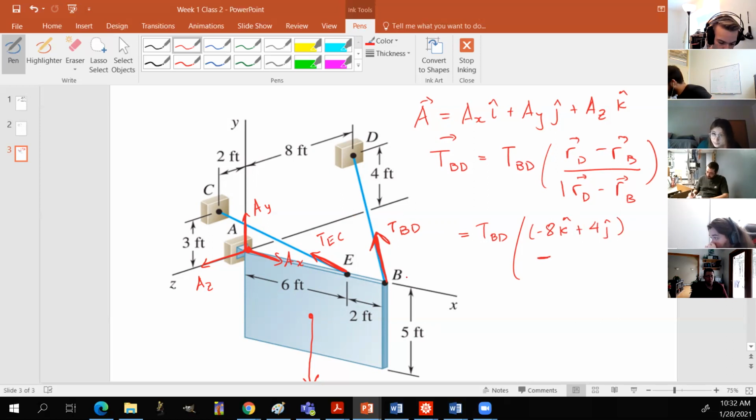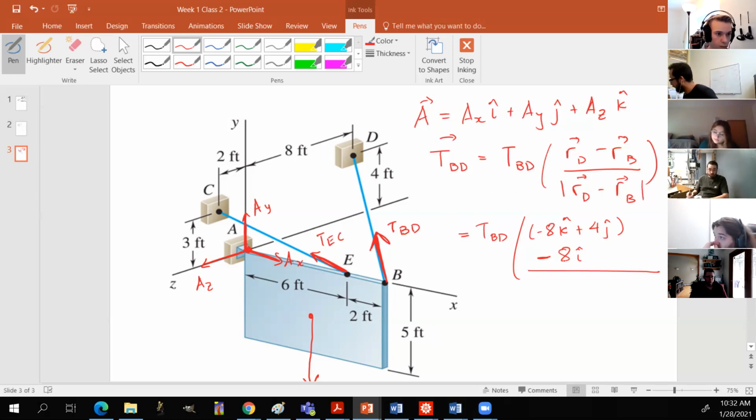Minus, then you have r_B, which is just 8 feet in the positive x, right? So minus 8 i hat, right? And divided by the magnitude. It's already in i, j, and k for us. Life has been made easy, right?